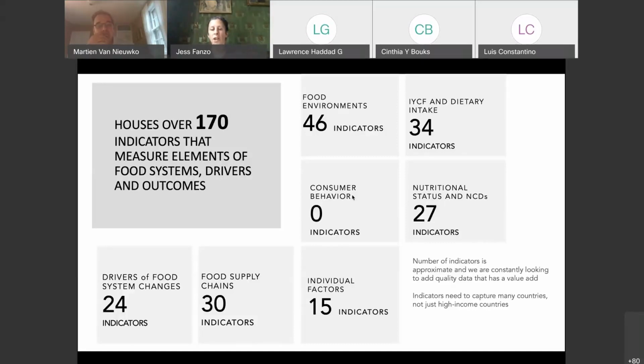And we didn't want to bias the dashboard towards just several high-income countries. So we tried to choose indicators that represent most countries in the world. We have 170 indicators now, but by January, we're doing a push and we'll have over 250 indicators, many of them being environmental indicators and economic indicators.